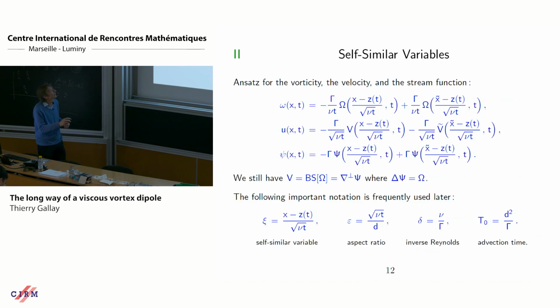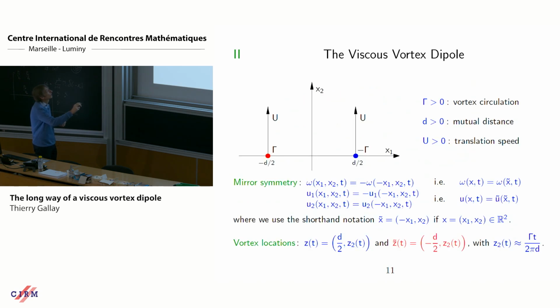Okay, so this is exactly this self-similar ansatz here. So please pay attention only to the first line. The other ones are just deduced automatically. So I write omega of x,t as a vortex of circulation minus gamma. Why minus gamma? Because I chose here to have circulation minus gamma.